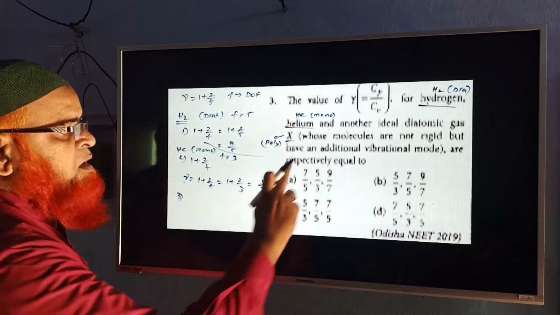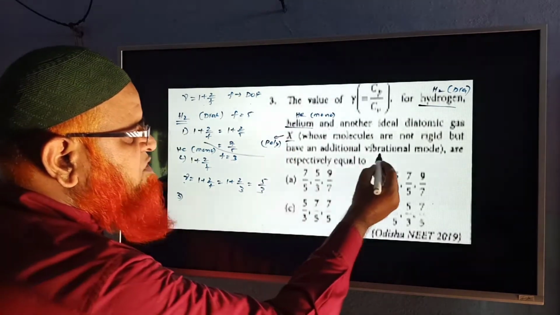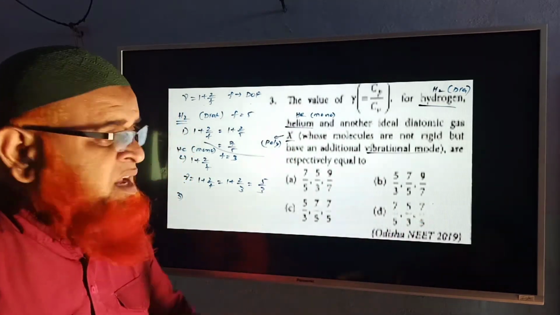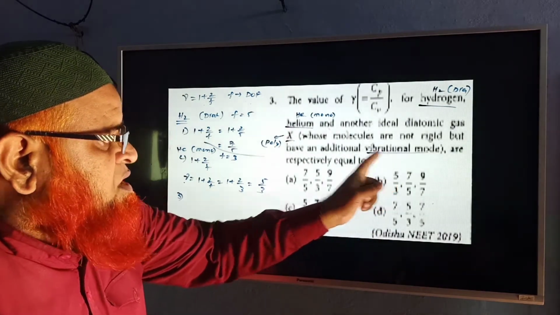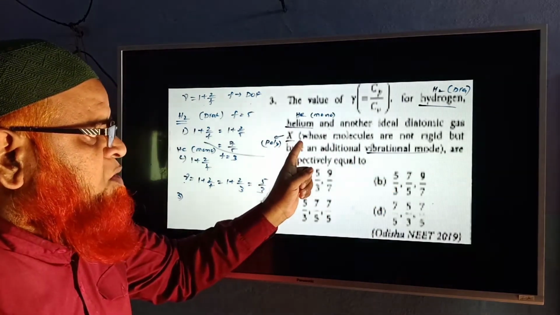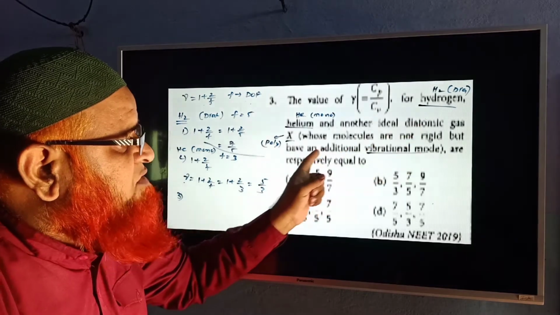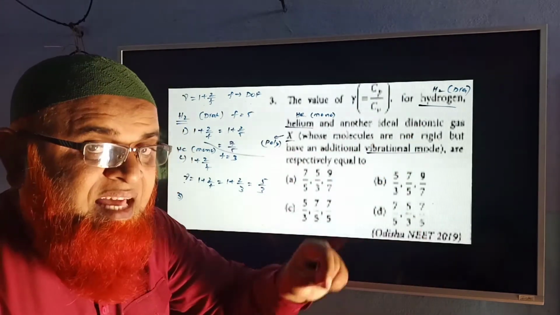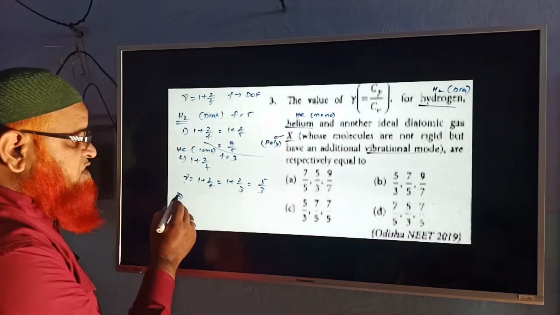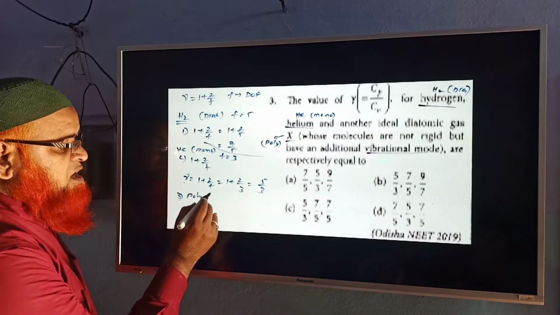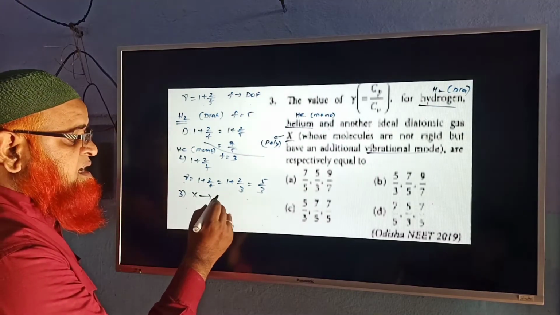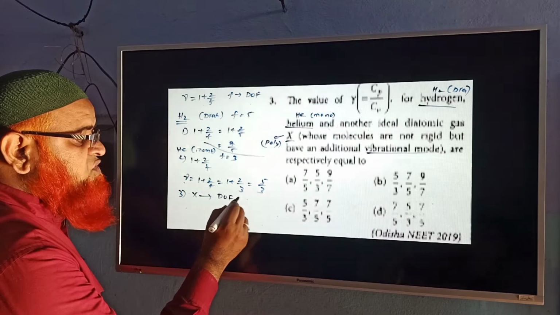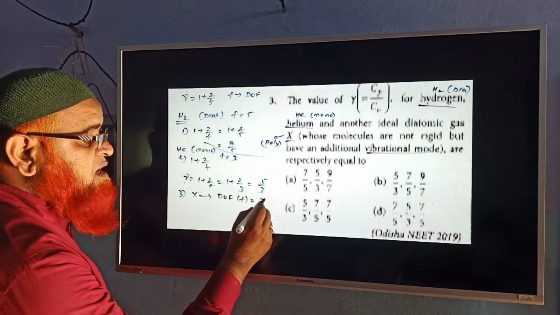Next, the third one. What is the third one? X, which has a vibrational mode also. It has vibrational motion also, so it is going to be polyatomic. A diatomic gas having a vibrational mode is called polyatomic. For X, the degrees of freedom F is going to be 7.